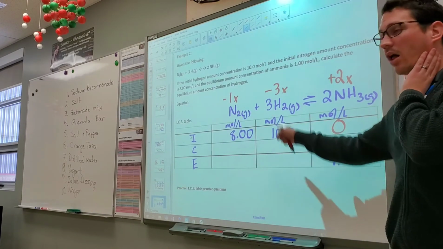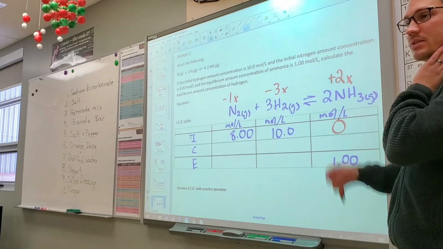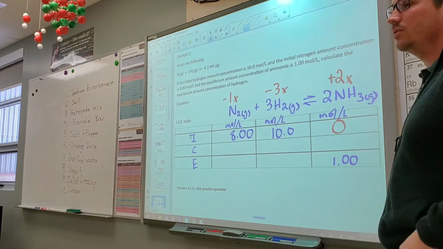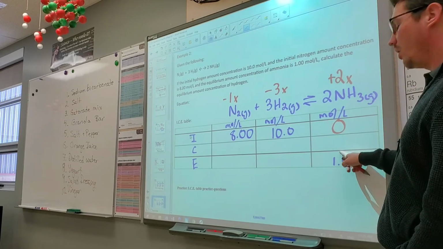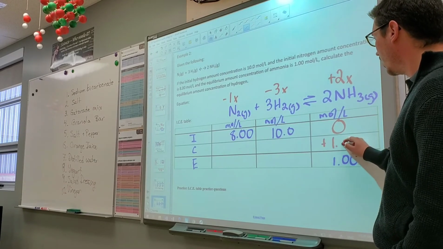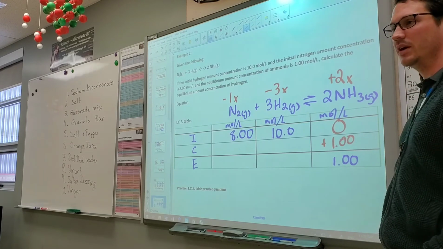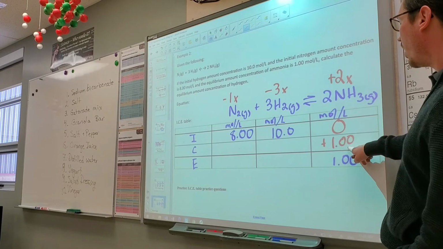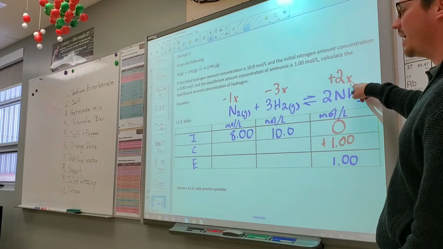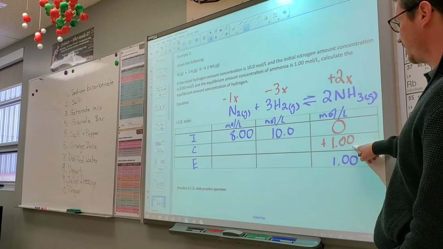Is there a column that you can complete? Yeah, absolutely. So what I want you to think about is, obviously we must be gaining 1x here. Would you agree? We're gaining 1 mole per liter. But that 1 mole per liter, how many x's are in that 1 mole per liter? 2.